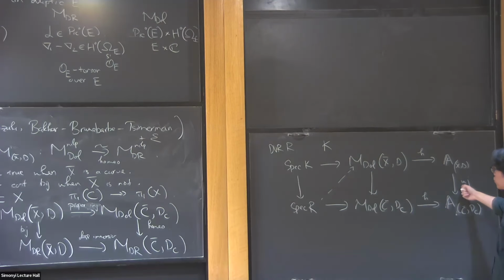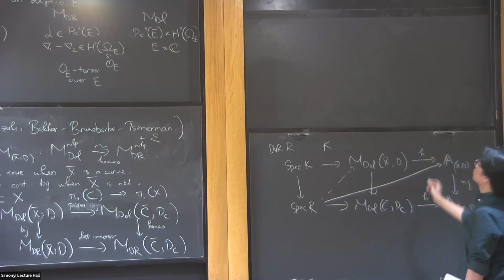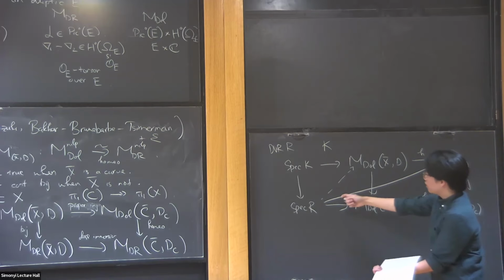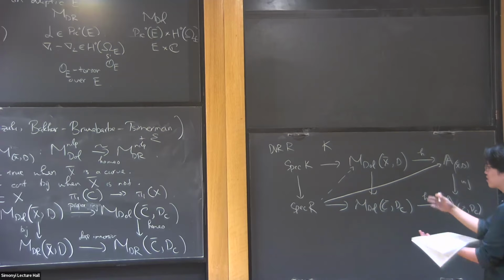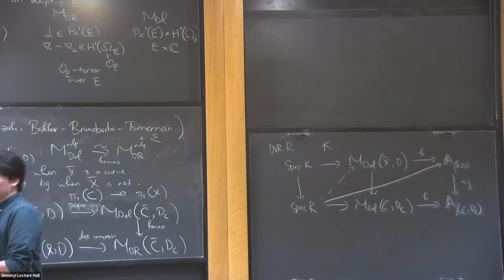So if this map is an injection, then I have a lift here. And then this Hitchin map is proper, so that will give me a lift over here. And it's easy to check that the diagram has to commute. So you prove it's proper.